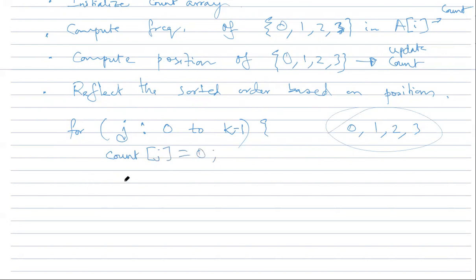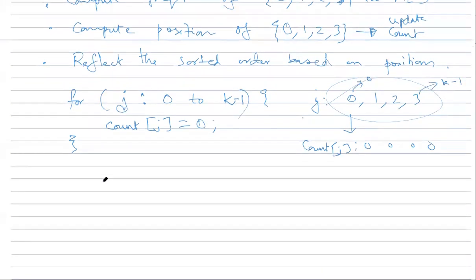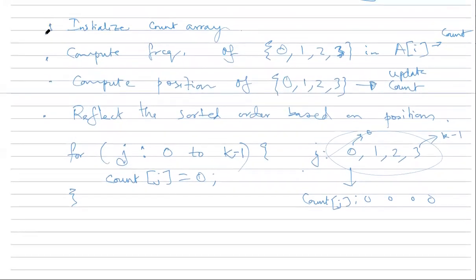So we initialize the count of each of these. So initially they become 0. So this is our j. This is the k-1 entry. This is the 0th entry. So this is our initialize step. So this is our step number 1, step number 2, step number 3, step number 4. This is our first step.